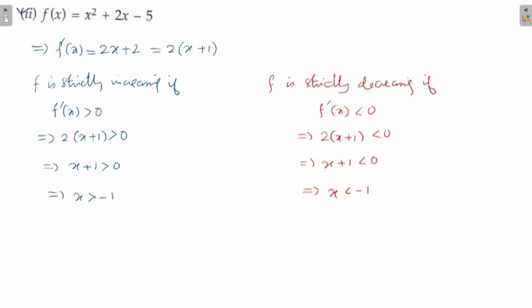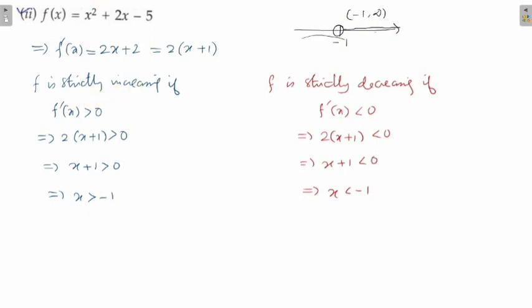So again, let me draw a real line in order to explain it well. So this is -1, let's say. Whenever x is greater than -1, it means going this way, that is from -1 to infinity. If my value lies in this interval, then the function is strictly increasing.